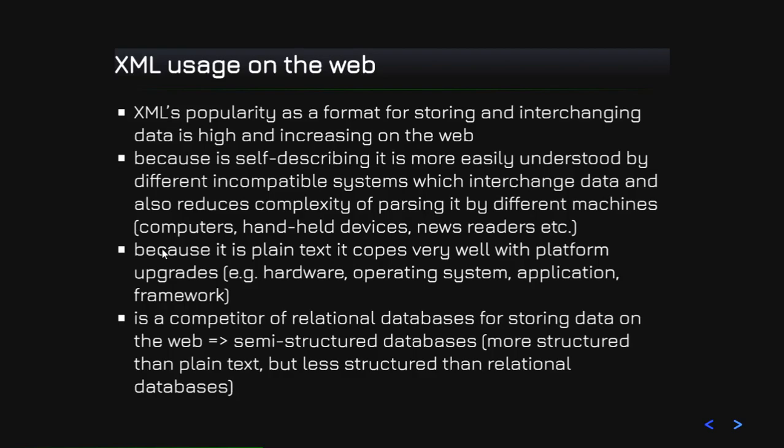It is also used for storing data. It is a competitor of relational databases, for storing data on the web. XML databases are also called semi-structured databases, because they are more structured than plain text but less structured than relational databases.